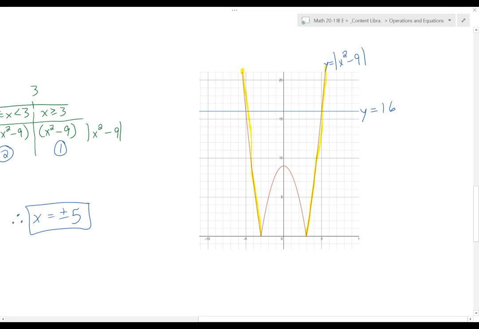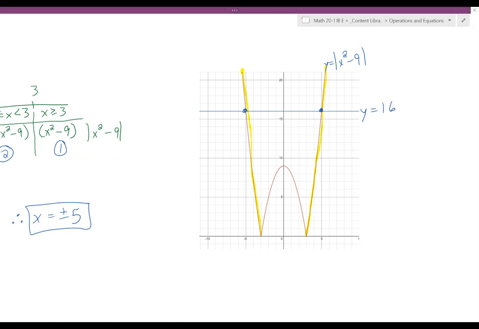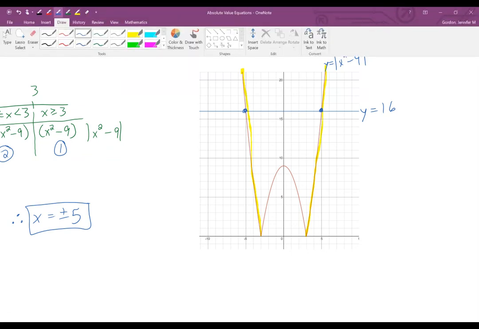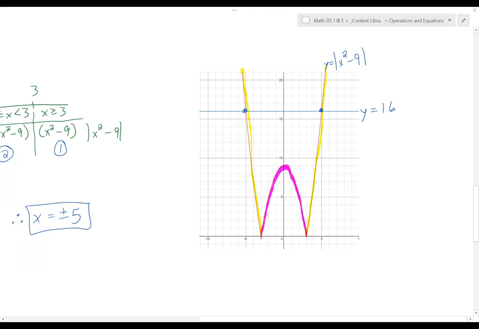That was equation 1, and I can see that that does produce two intersections at 5 and negative 5. And I can see the part that got folded up over the axis in between negative 3 and 3 doesn't intersect with y equals 16. So I know that I have no intersections in that interval.